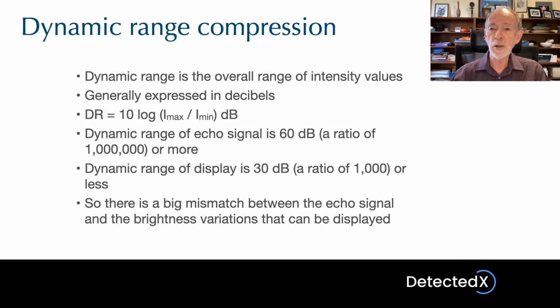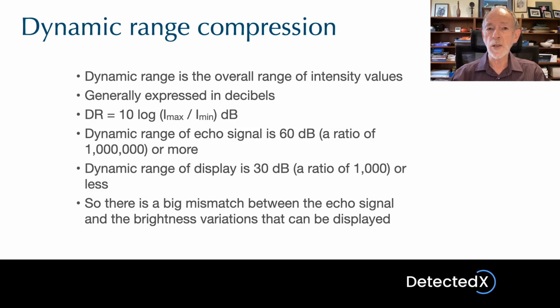So we take that ratio of the strongest to the weakest echo intensities, take the logarithm of that and multiply by 10, and that then gives us a measure of the dynamic range expressed in decibels. So the dynamic range is typically 60 decibels or more. Perhaps in modern machines it's more like 70 decibels. So 60 decibels would be a ratio of 1 million, 70 decibels would be a ratio of 10 million. So you can see there is a huge range of variation of echo strengths.